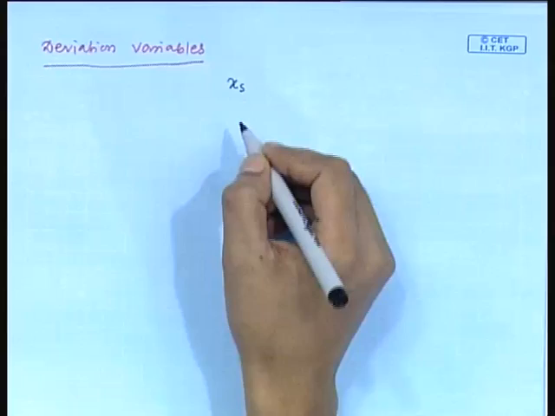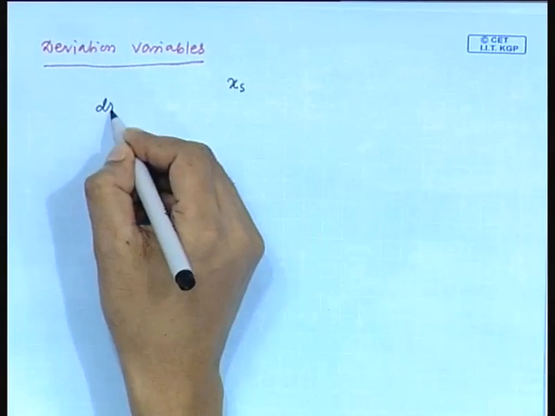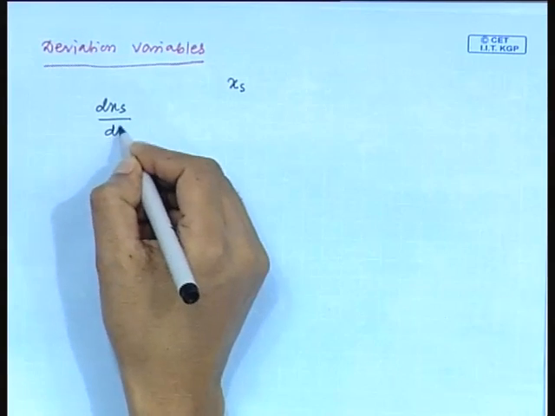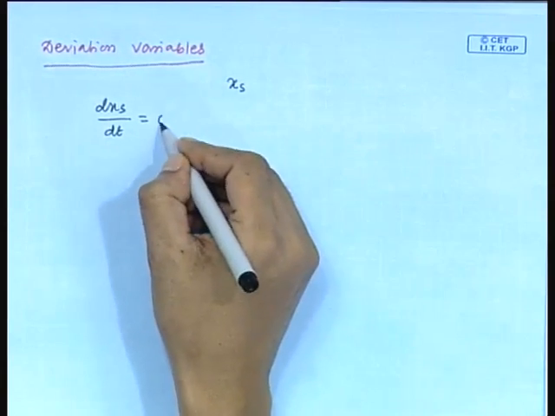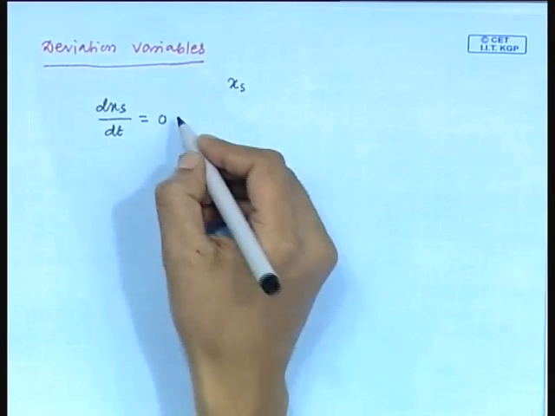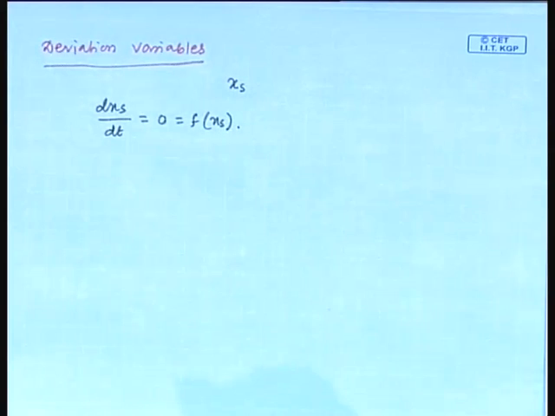If x equals xs at steady state, then we can write dxs dt equal to 0 equal to f of xs.